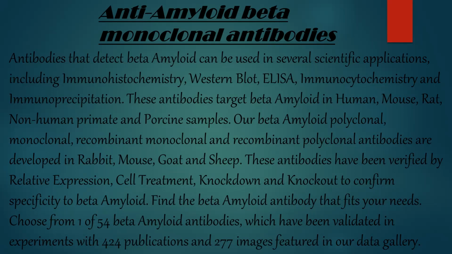Our beta amyloid polyclonal, monoclonal, recombinant monoclonal, and recombinant polyclonal antibodies are developed in rabbit, mouse, goat, and sheep. These antibodies have been verified by relative expression, cell treatment, knockdown, and knockout to confirm specificity to beta amyloid.